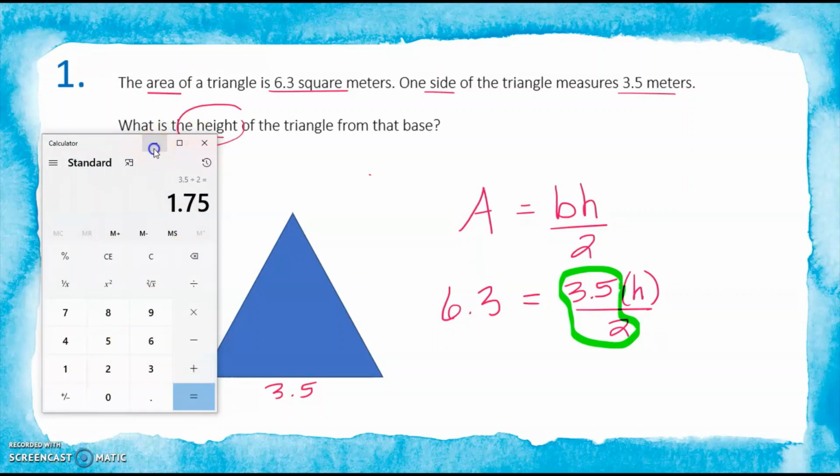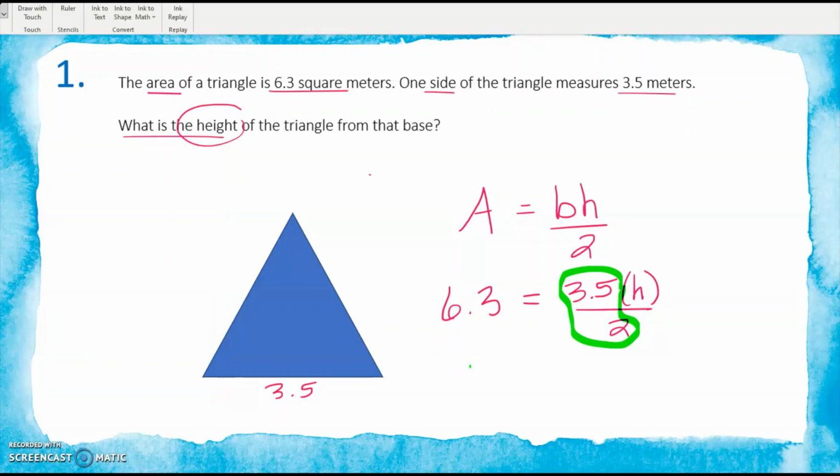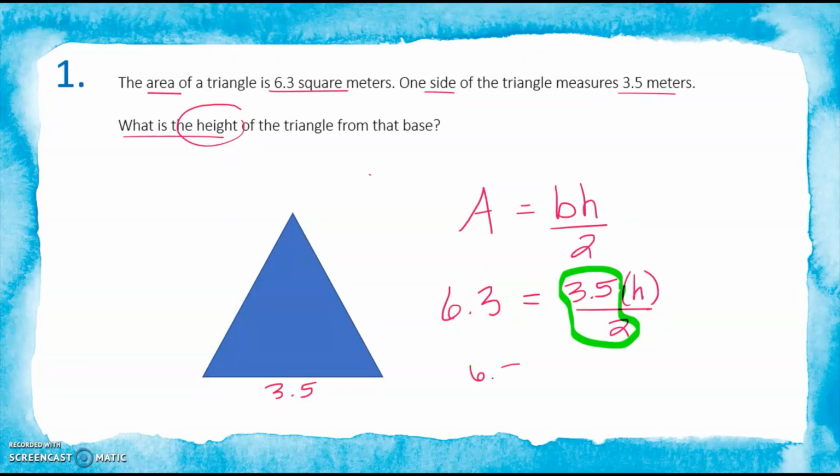And that is 1.75. So I'm going to rewrite this to be 6.3 equals 1.75 times the height. Now I have a one-step equation, and I just need to solve by dividing both sides by 1.75.